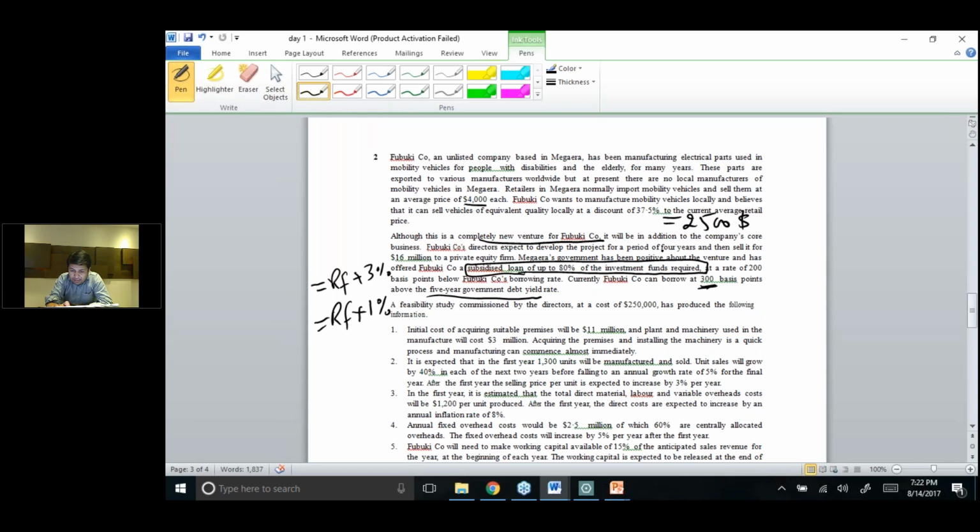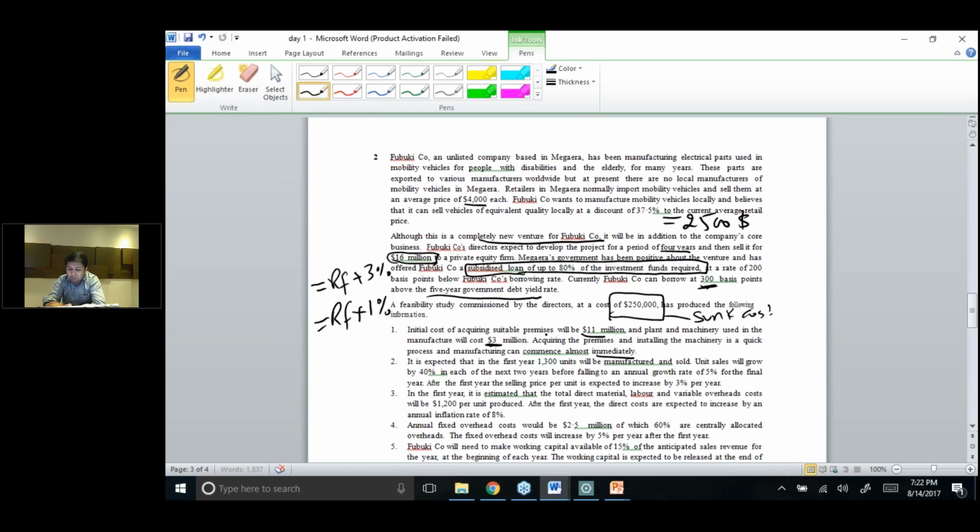Obviously, the project is of 4 years and the company can sell it for 16 million at the end of the 4th year. Okay, the feasibility study commissioned by the directors at a cost of $250,000 will be a sunk cost. Initial cost of acquiring premises is equal to 11 million, and the machinery cost is equal to 3 million, and this is a very quick, immediate process.